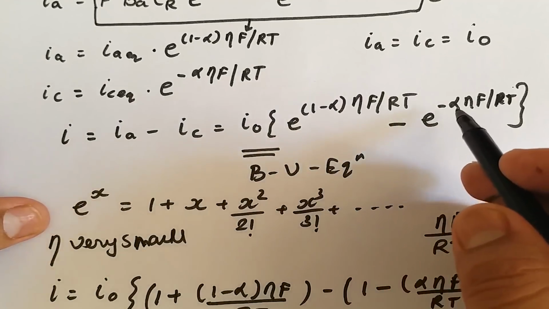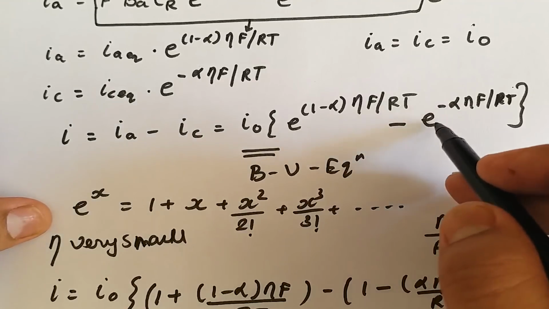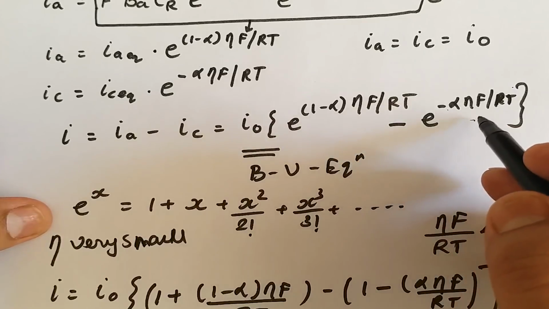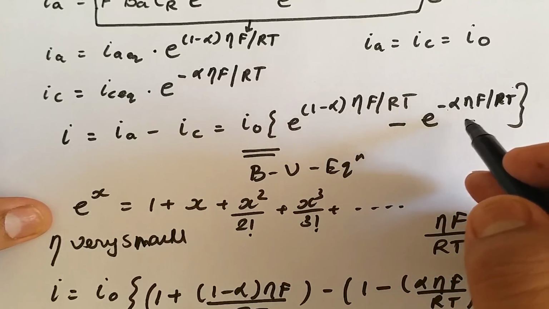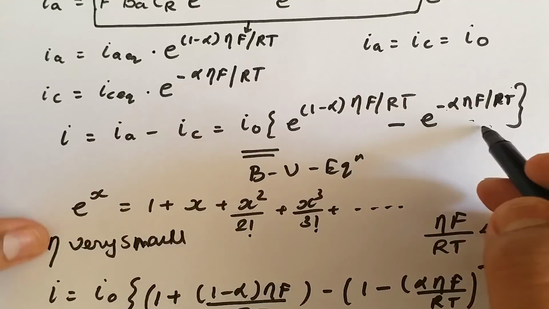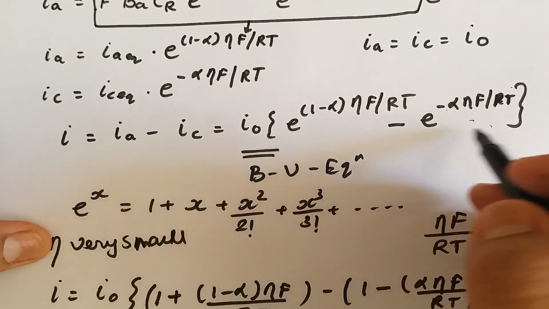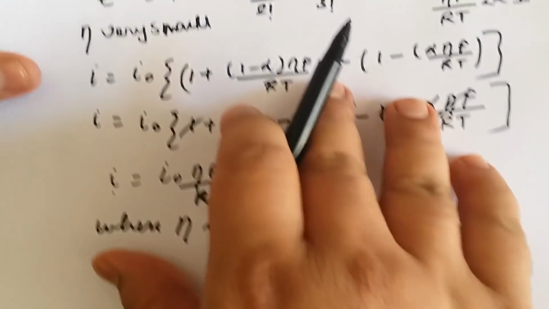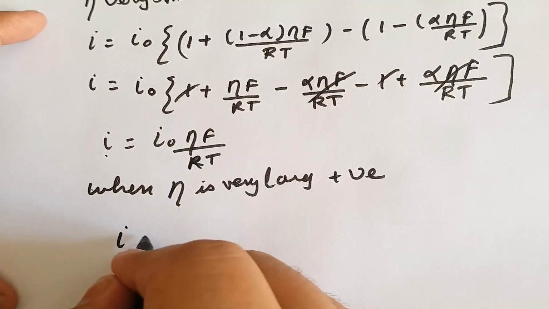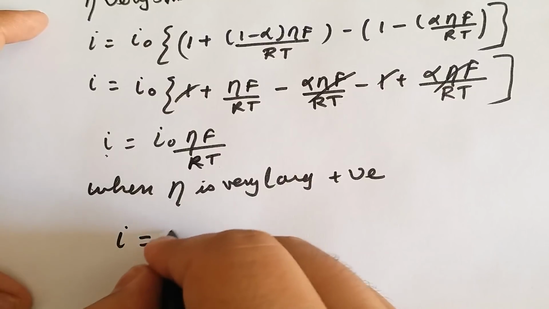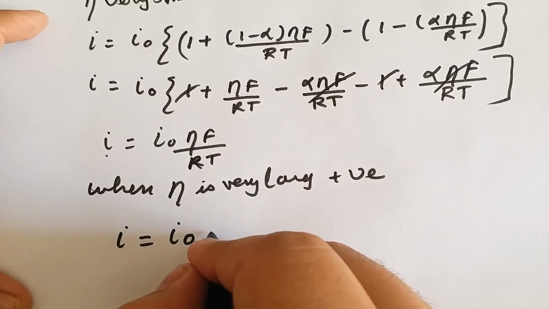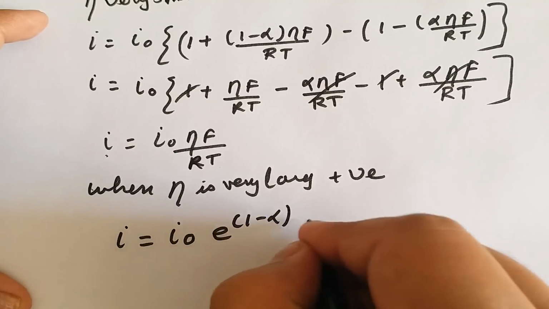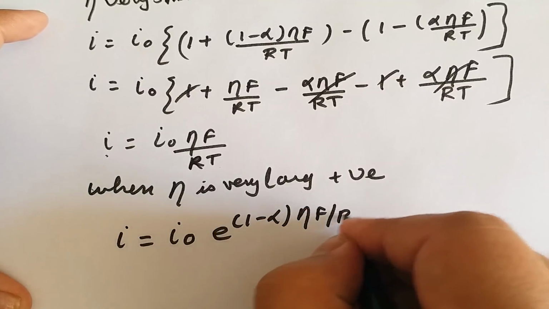So when η is large and positive, then e to the power of a negative value, or e to the power minus of something, will be a very small value. And when this value is very small, we can neglect the second term from this relationship, and hence we will have I equal to I0 into e to the power (1 minus α) ηF/RT.